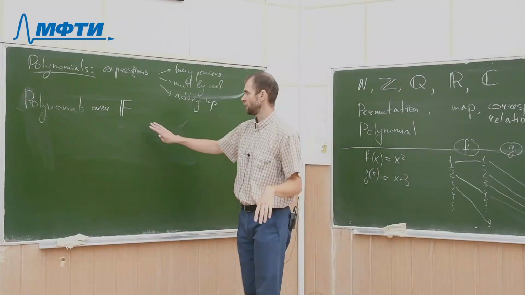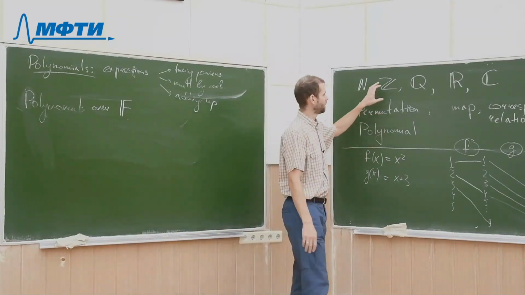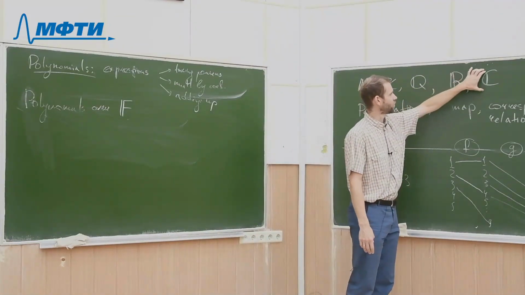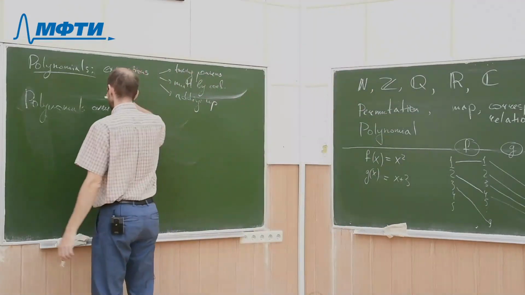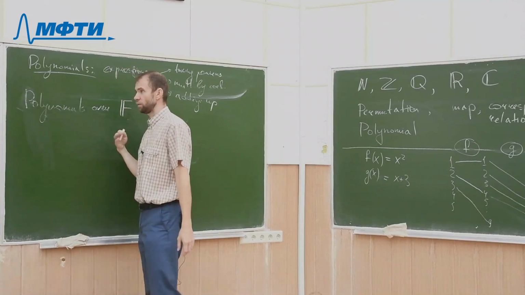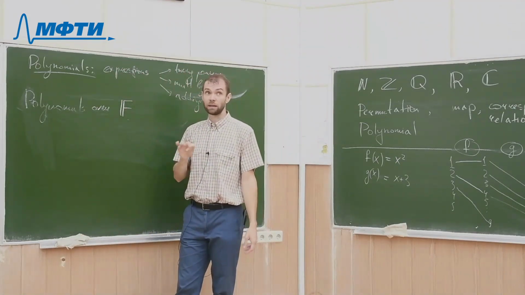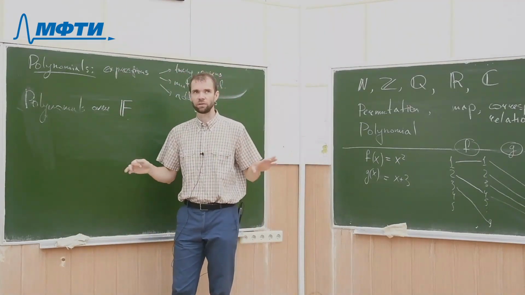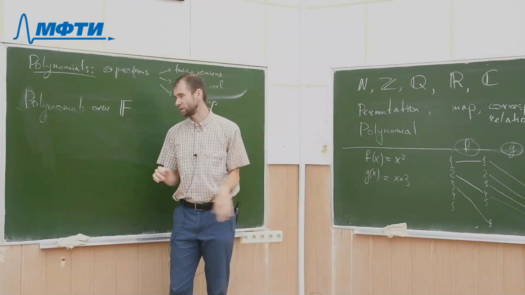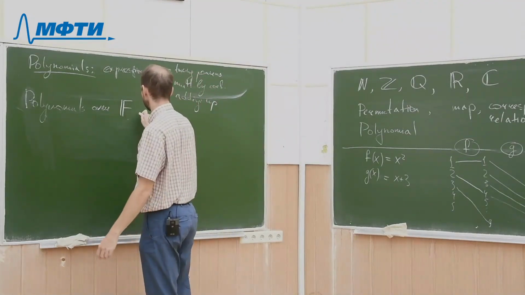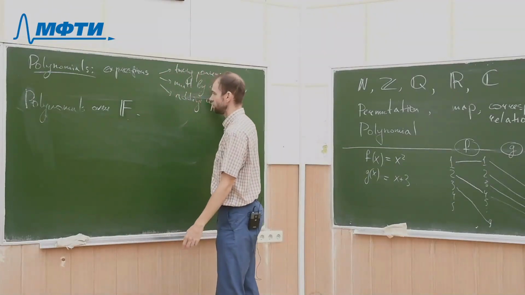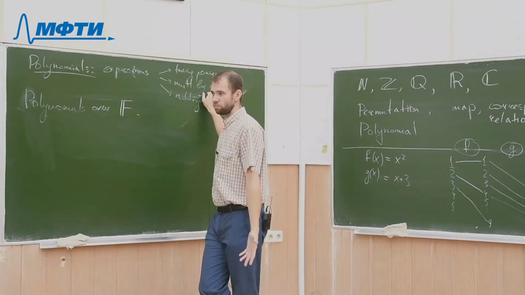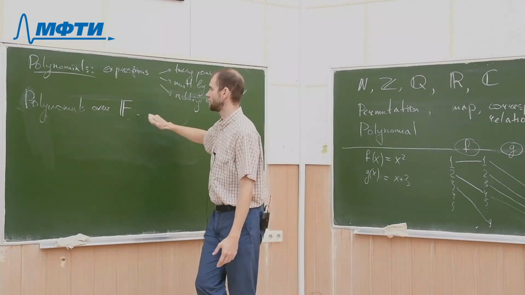So instead of F, imagine that there can be anything like Q, R, C, and Z. And eventually we'll even have something completely different other than these sets. So polynomials over F are polynomials where the coefficients that we use are only taken from this set F, okay?